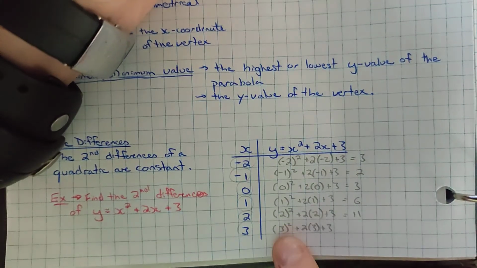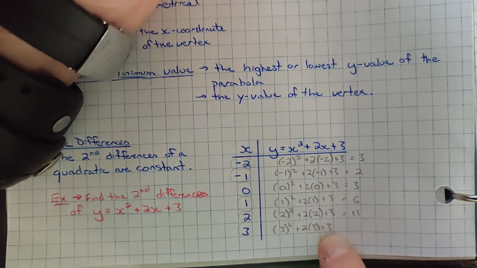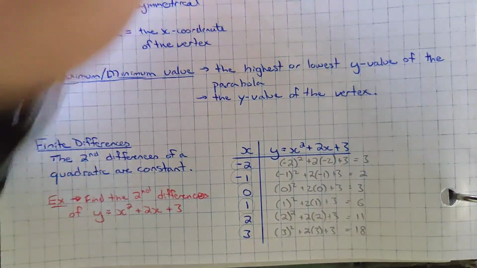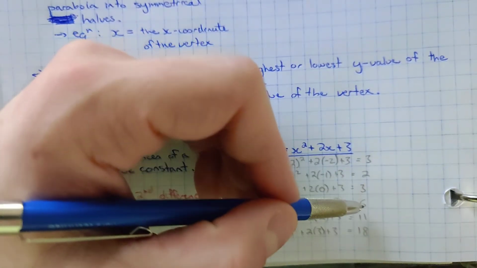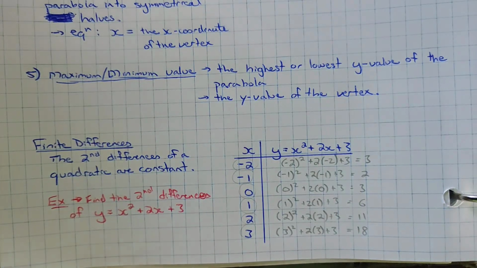And then 9 plus 6 plus 3, that's going to give me 18. So there's my values: 3, 2, 3, 6, 11, and 18.